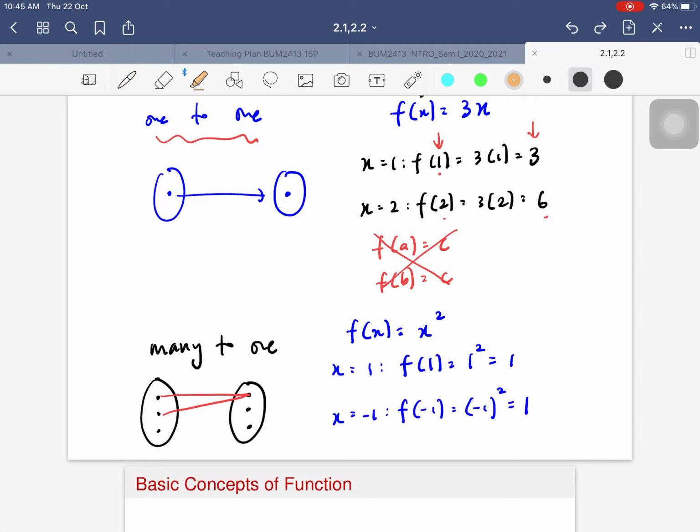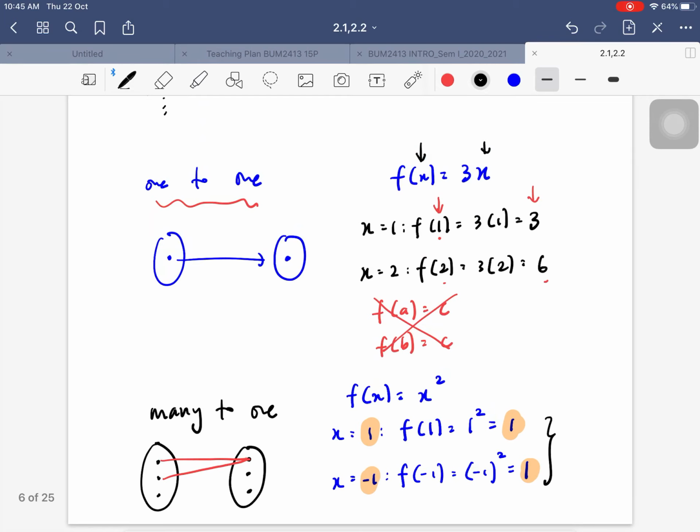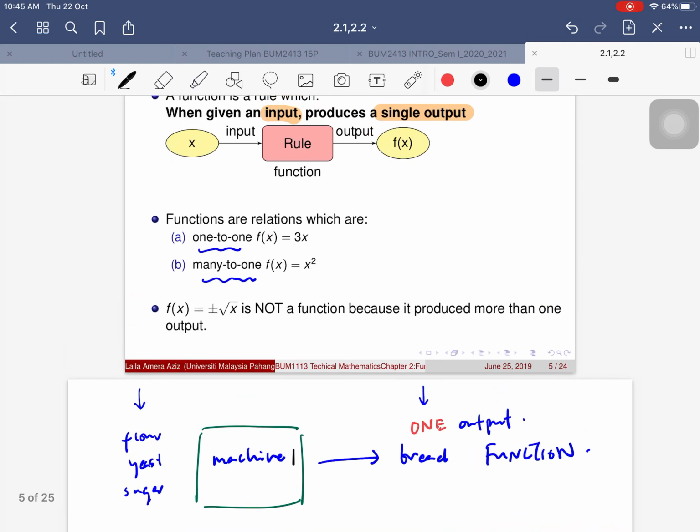So even though 1 and negative 1 are different values, the output comes out as the same value, which is 1. This is the case of many-to-one. Many input values can give you the same output value, but with one-to-one, no. One value, one output, and so on. So that is the difference between many-to-one and one-to-one.